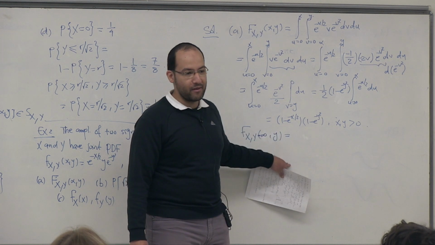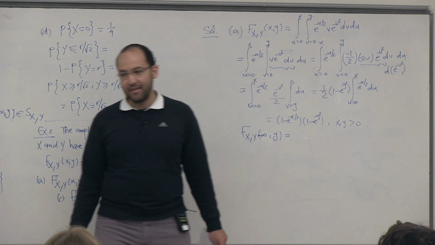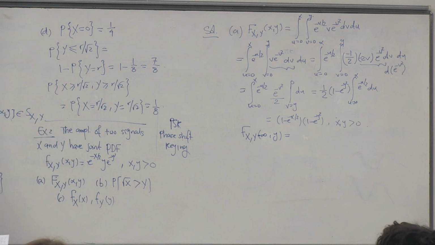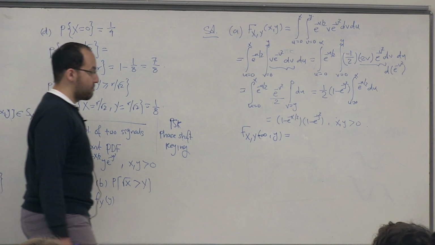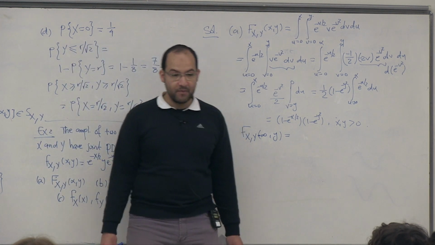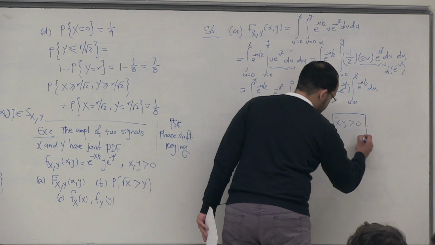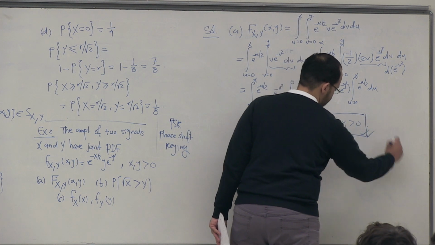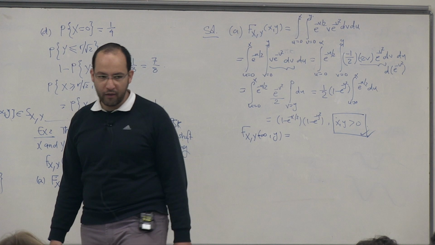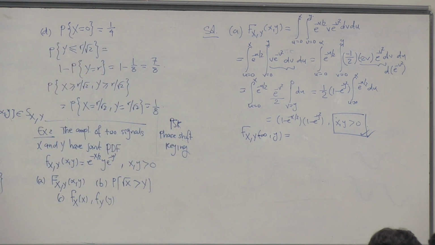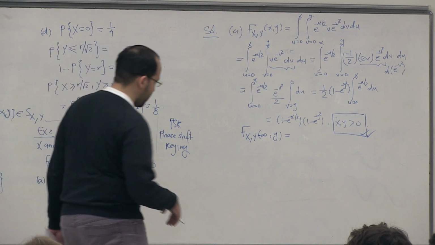What's the problem here? F_XY(minus infinity, y) does not give us a 0. Thank you. The problem is here. Minus infinity is not a valid point for this function, for neither x nor y.